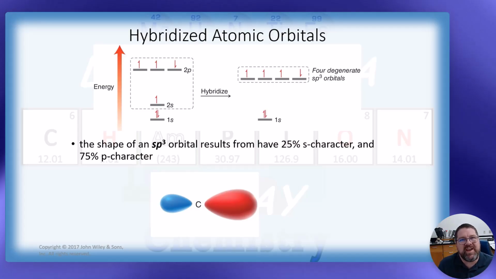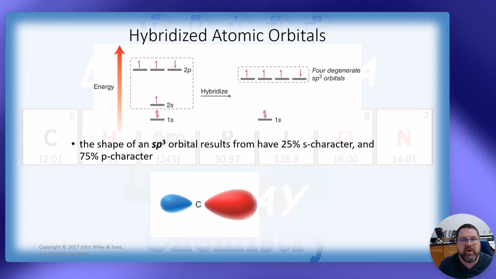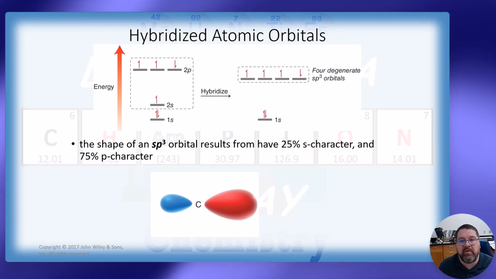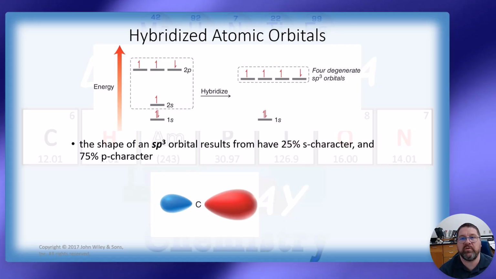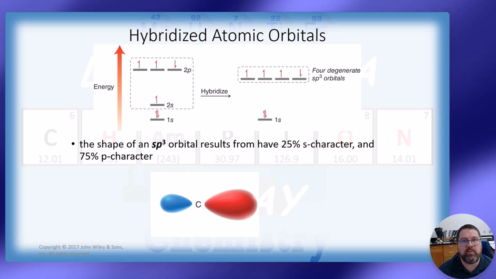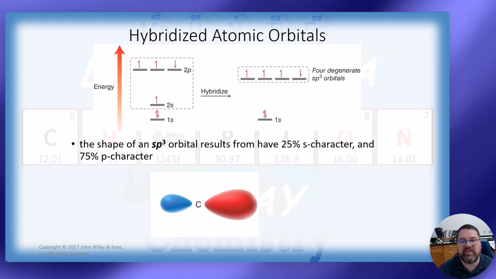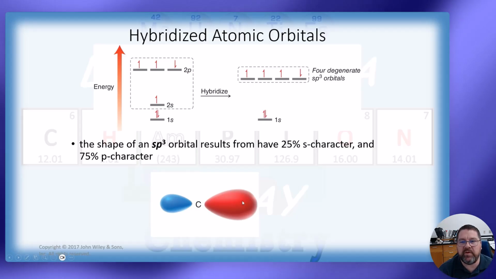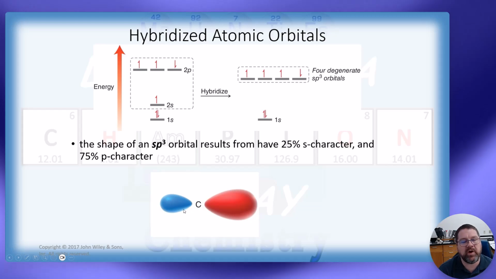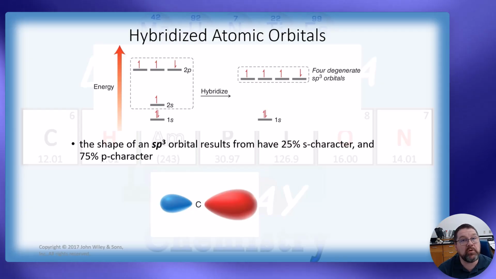The characteristic or the nature of them, from their shape to their size to their arrangement, is going to be sort of a hybridization or a mishmash of them. So take, for instance, these sp3 hybrid orbitals that we were just talking about. We know that s orbitals are spherical in shape, p orbitals have a dumbbell shape. Yet when we put them together, we can see that it has 2 lobes like a p orbital, but they're distorted, whereas in a p orbital, both lobes had the same size, same distribution.